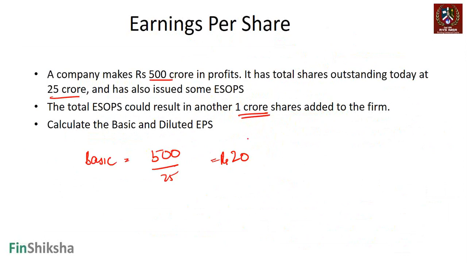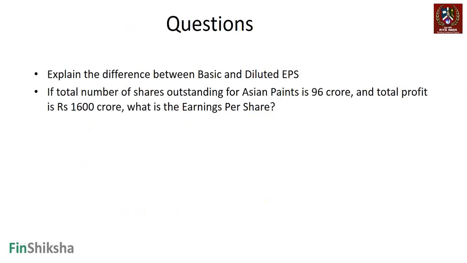ESOPs could add another 1 crore shares. So the diluted EPS would assume what happens if these another 1 crore shares come. So 500 by 26, and when you divide, that will be rupees 19 point something approximately. That's your diluted EPS that you have calculated. That's how you go about looking at earnings per share in terms of basic and diluted EPS, right?